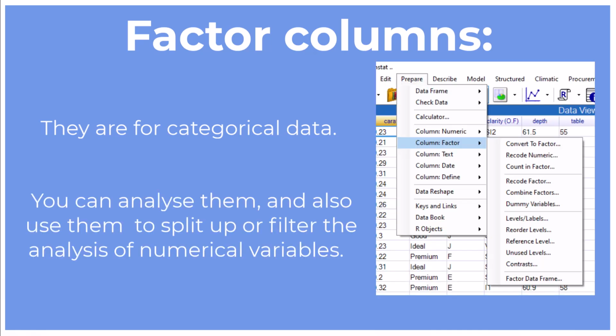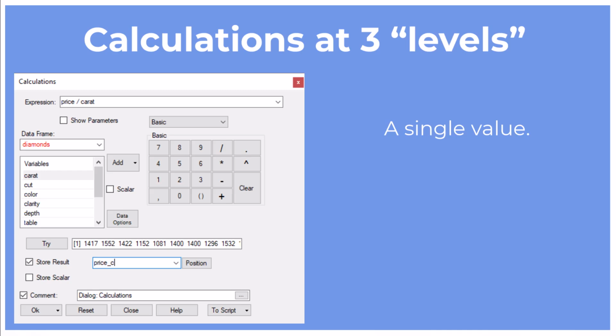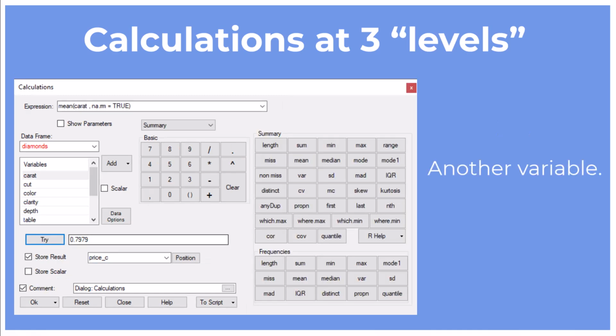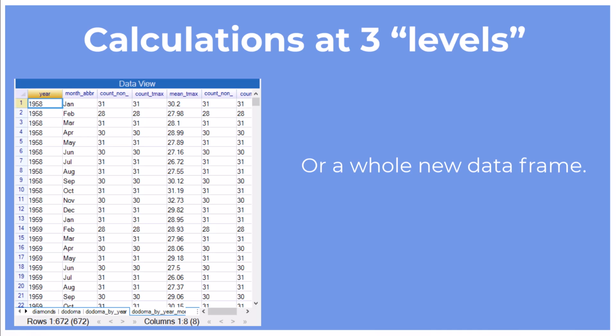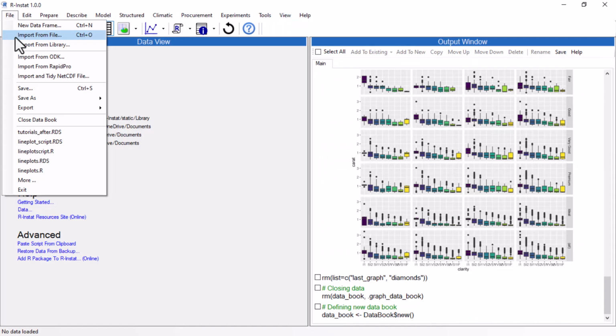You can analyze them and also use them to split up or filter the analysis of numerical variables. We then had calculations at any of three levels. A calculation can produce a single value, another variable, or a whole new data frame. Lastly, we had filters. The larger the data, the more you are likely to use filters within your analysis.